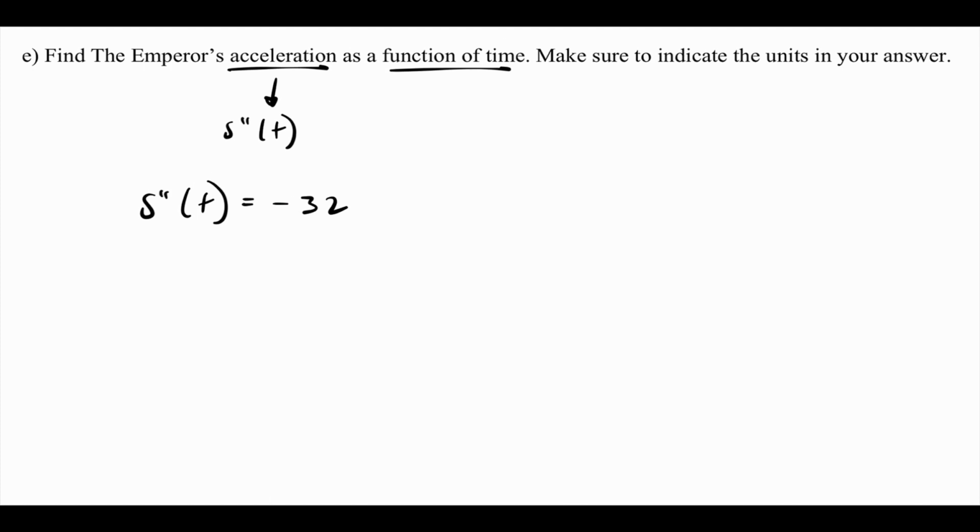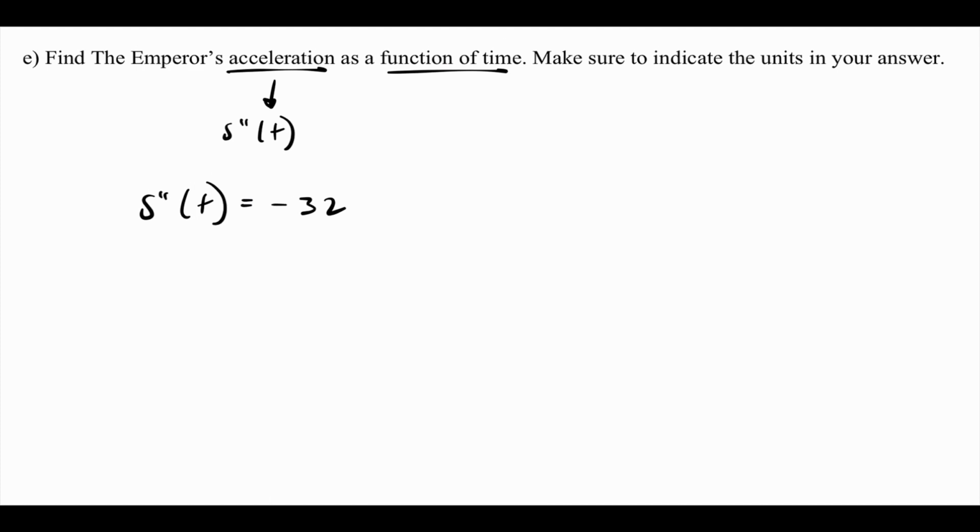Does anyone know what the units would be for acceleration? It's a rate. It's kind of a funky one because it's a rate of a rate. So we always start with distance. What's the measure of distance they're using? Feet. And then we do time. What's the measurement of time they're using?